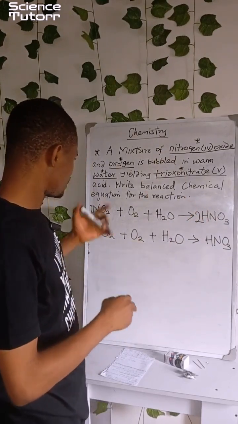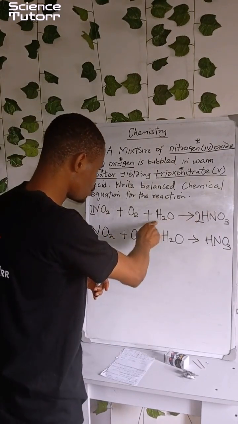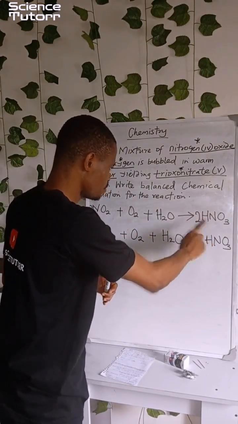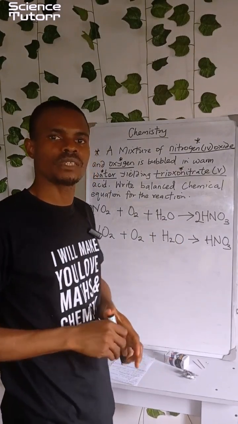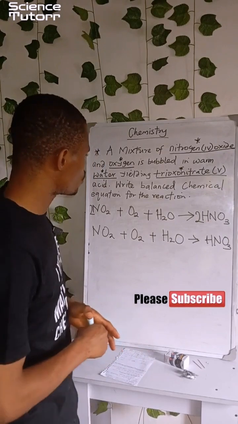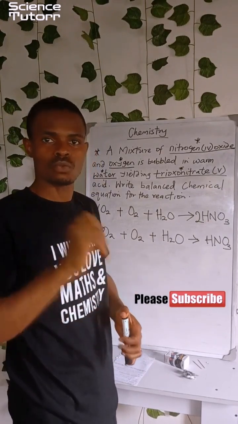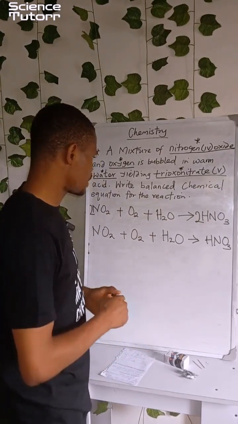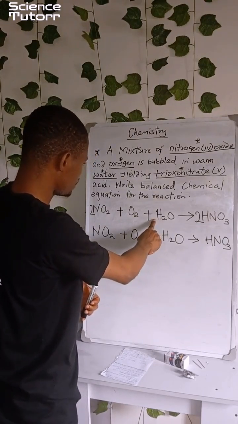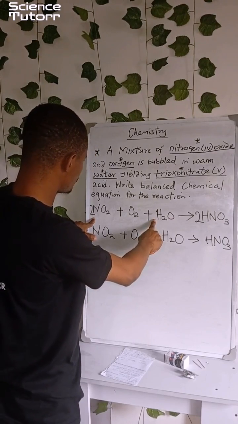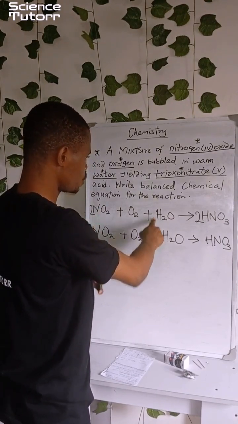At the same time, I have 2 hydrogen, but for the fact that we have unbalanced number of oxygen, it makes the equation not to be balanced. So we keep thinking of numbers to add. If I add a 2 here, it's going to make oxygen also change.